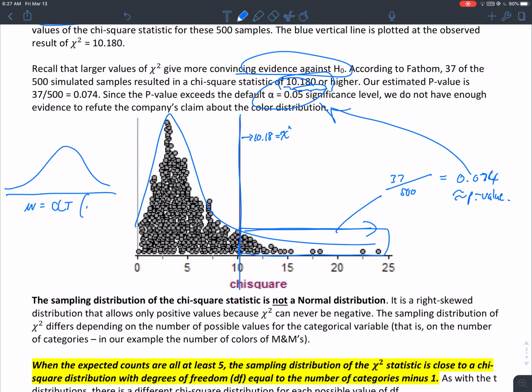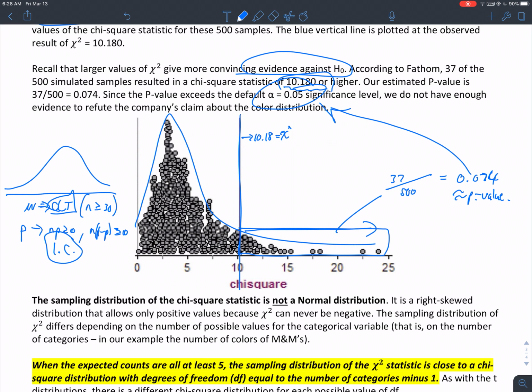That means that my sample size is greater than or equal to 30, and I don't have any visible outliers. And for proportions, we have the large counts condition: np greater than or equal to 10 and n(1 minus p) greater than or equal to 10. So CLT, and this is the large counts condition.